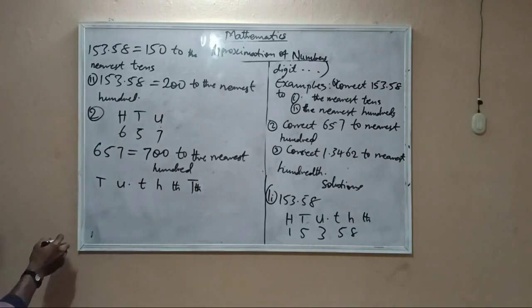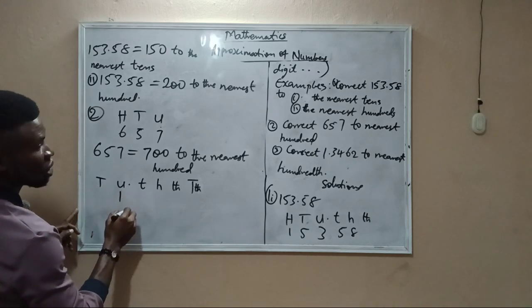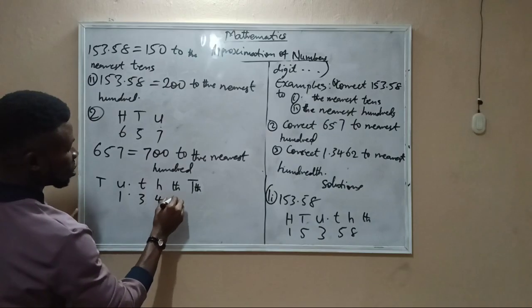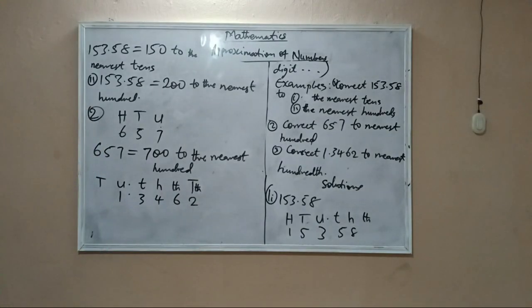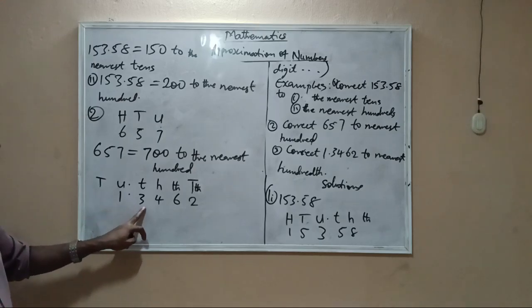Okay, we are now placing the numbers. Of course, for here there's nothing there. We have 1 under units, 1.3462, right? 1 is under units, then we have tenths, all these ones.